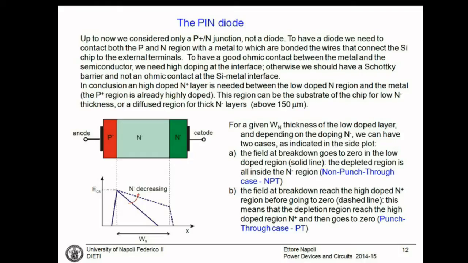In conclusion, we need an N plus layer between the low doped N region that is needed to sustain the reverse voltage and the cathode. This N plus region will be the contact, but will actually be the substrate of the chip, or a diffused region.